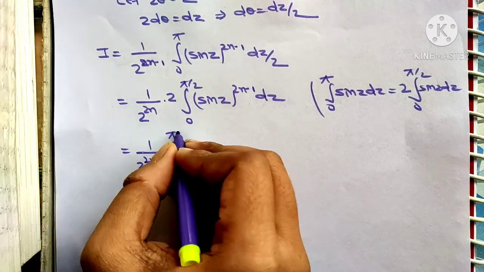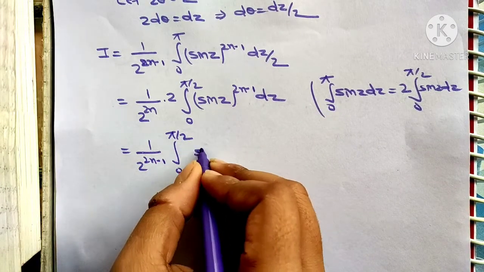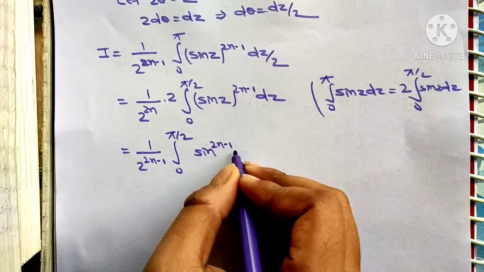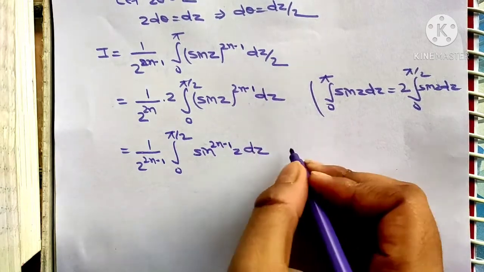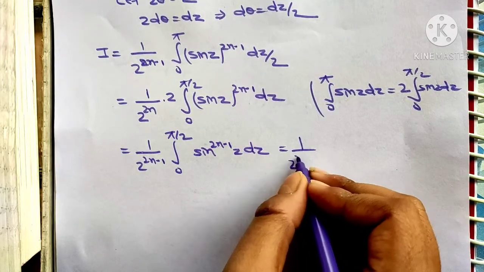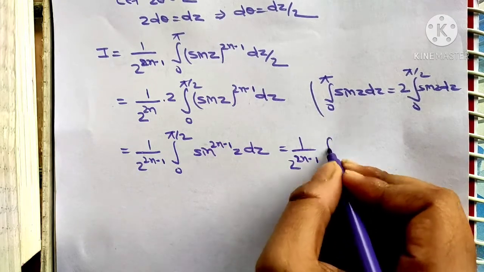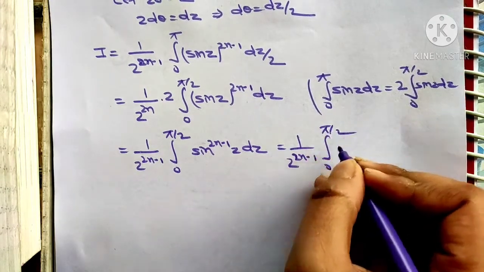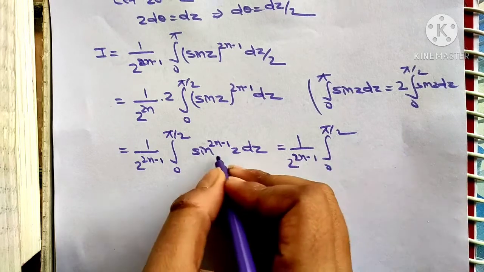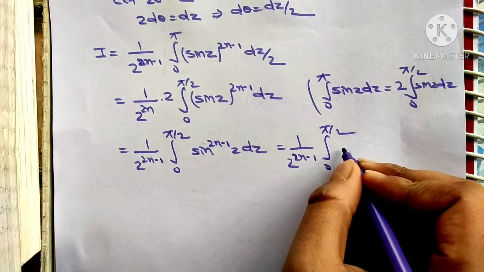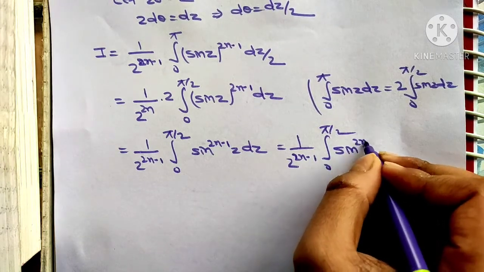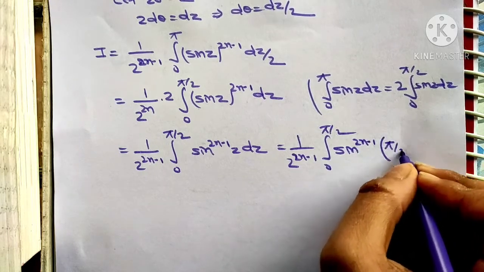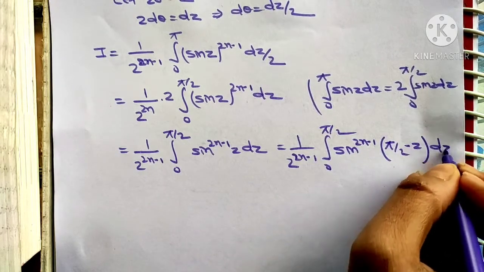This will be written as the integral from 0 to pi by 2 of sin^(2n-1) z dz. We are again using the property of integration: we put the upper limit in place of z. This will be written as sin^(2n-1) (pi by 2 minus z) dz.